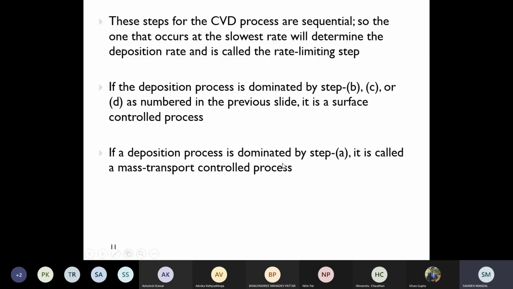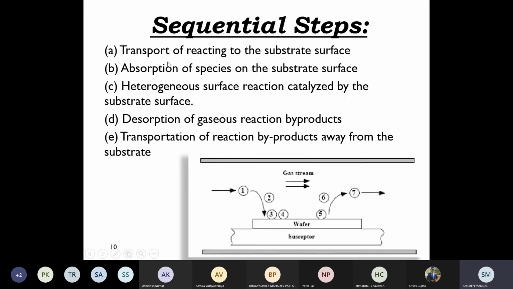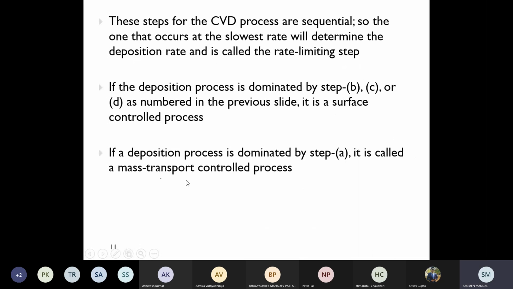If the deposition rate is dominated by A, it is a mass transport control process. What is A? Transport of the reactant to the substrate surface. If that is controlling, then it is a mass transport control process. In a mass transport control process, what will happen?